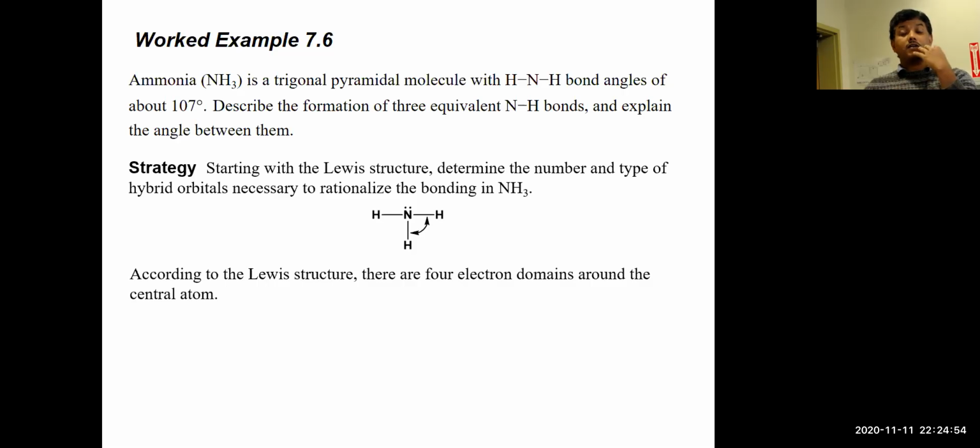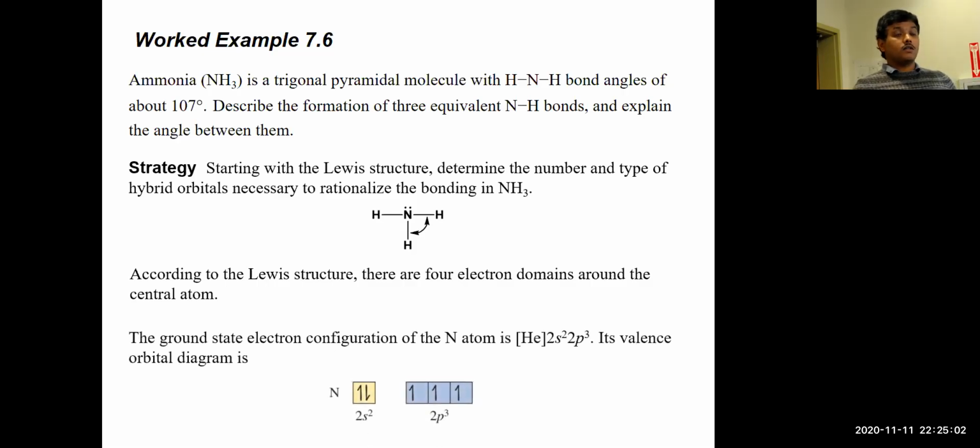So it requires you to create 4 hybrid orbitals, because that's how we have been doing all along. You would look at how many electron domains are present on a central atom, then you would create that many hybrid orbitals, because all the electrons around the central atom have to be from the same hybrid orbitals.